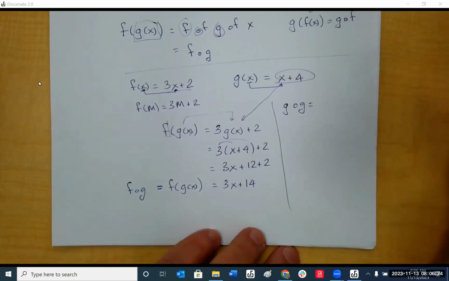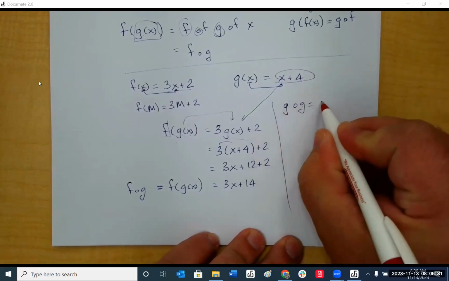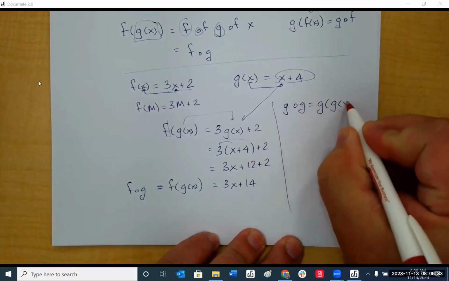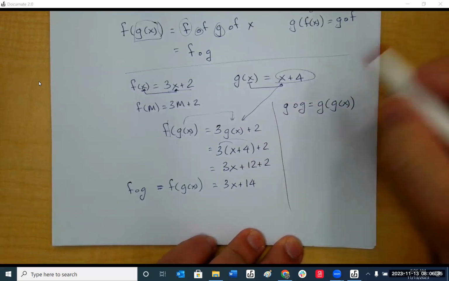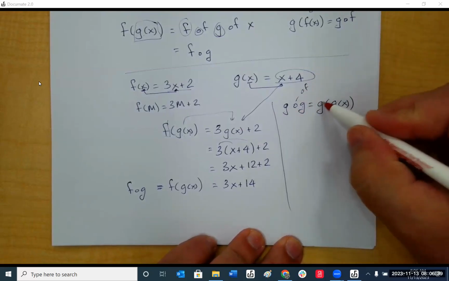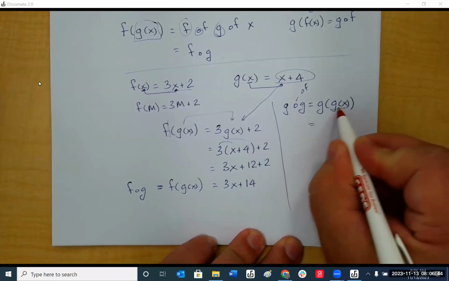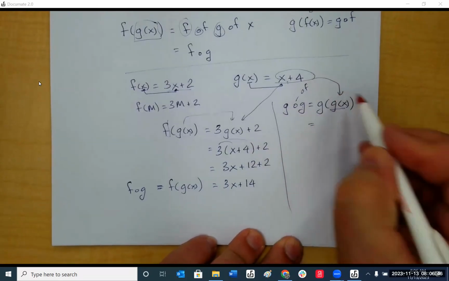So what would that one look like? Well, it's g of x. This is the word of. So it's g of x. That means anywhere I see a g inside here, I put what g of x is.